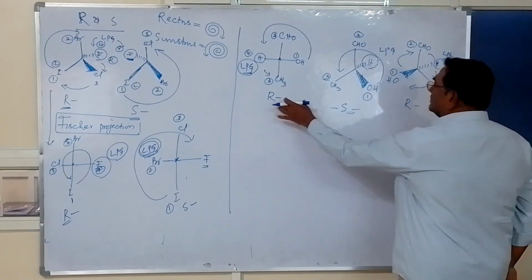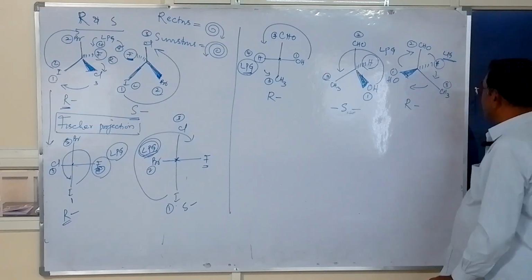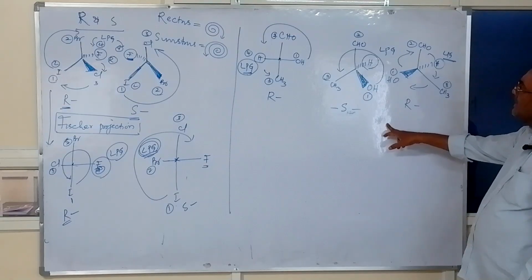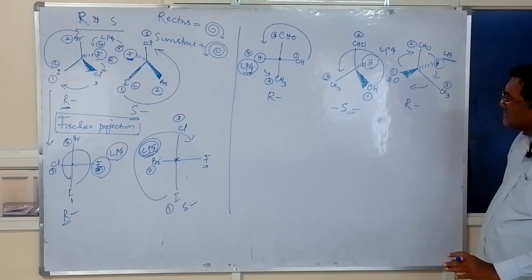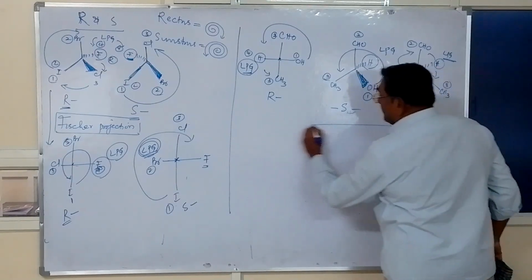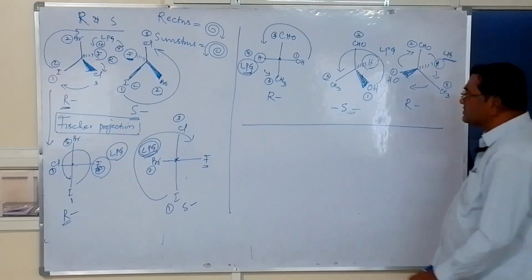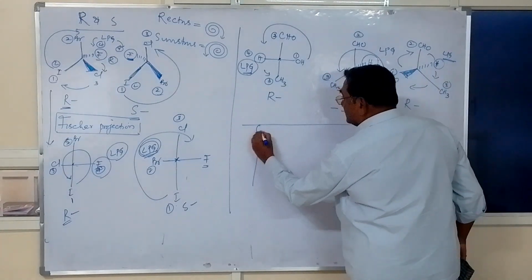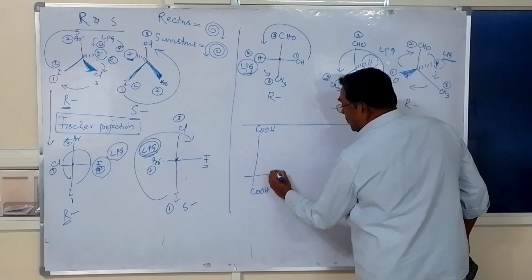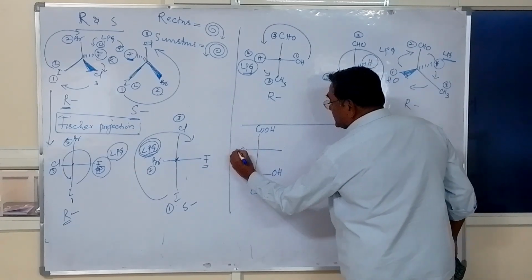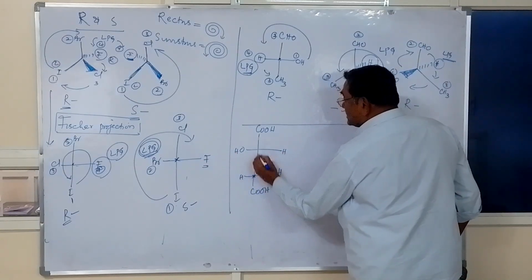So based on this and this which we have seen here, we have done R and S configuration based on the CIP rules, children. And I'll give you one question: COOH, COOH, OH and OH, H. There are two chiral centers.